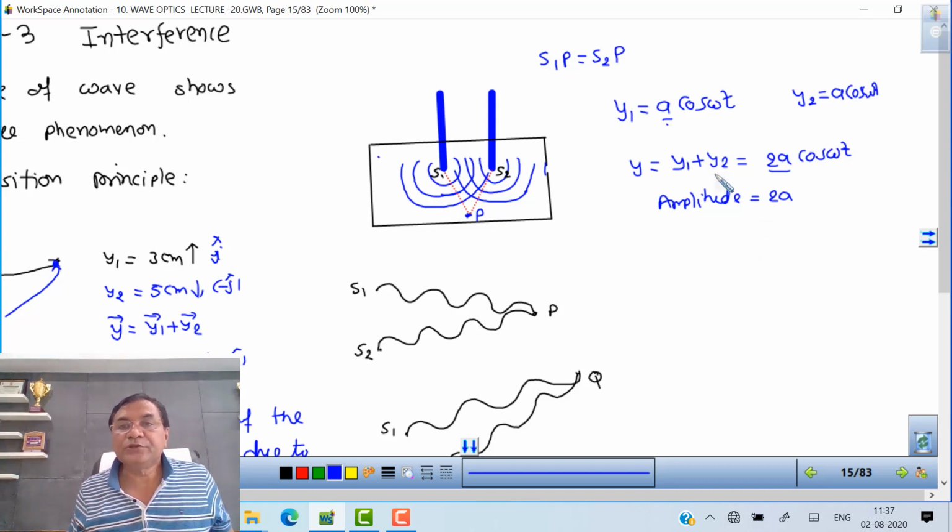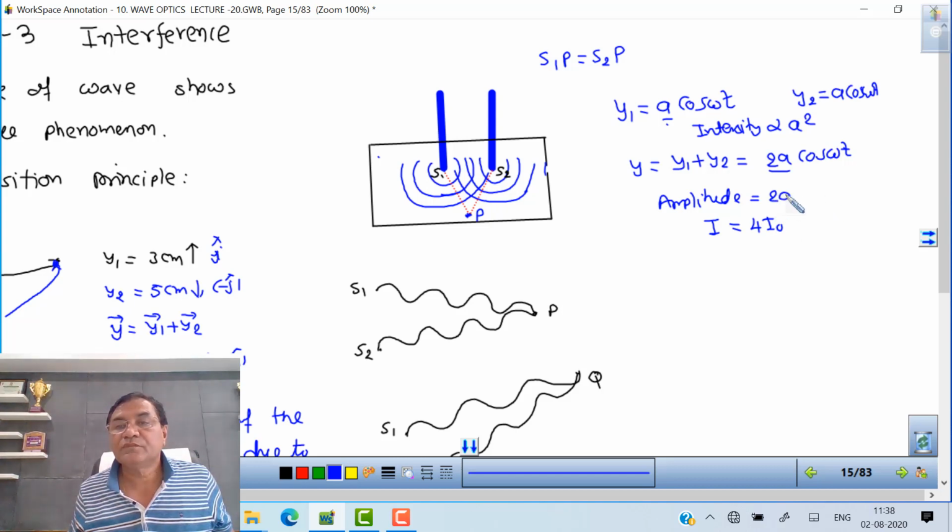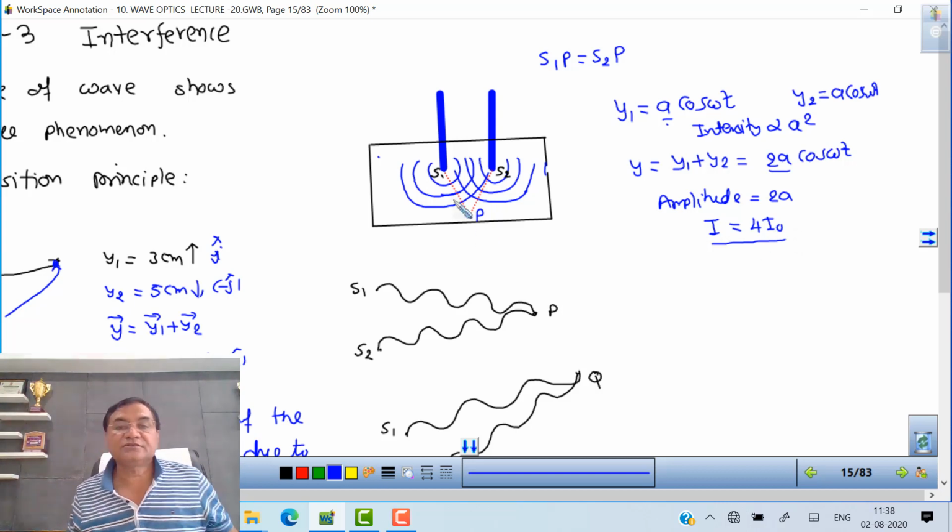We know the intensity is proportional to amplitude square. So we can say that intensity here is 4 times the initial intensity, because 4a square, 2 square is 4. So the new intensity will be 4 times the initial intensity.